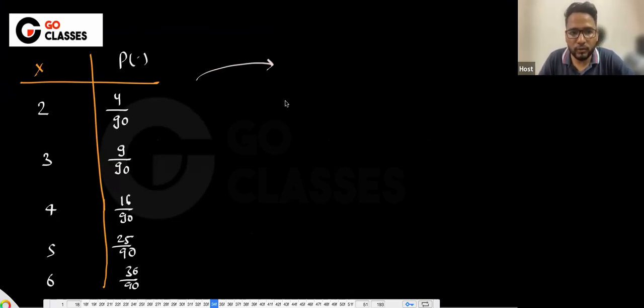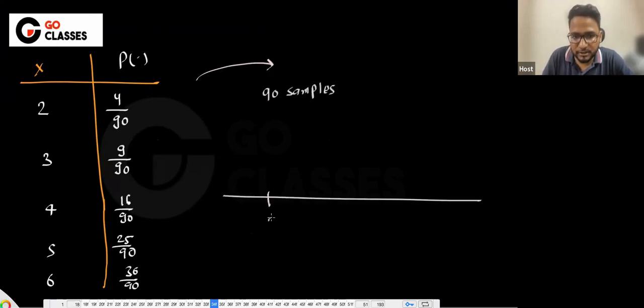Given this probability distribution, let's try to draw samples from it. Suppose you draw 90 samples. There will be some 2s, some 3s, some 4s, some 5s, some 6s.